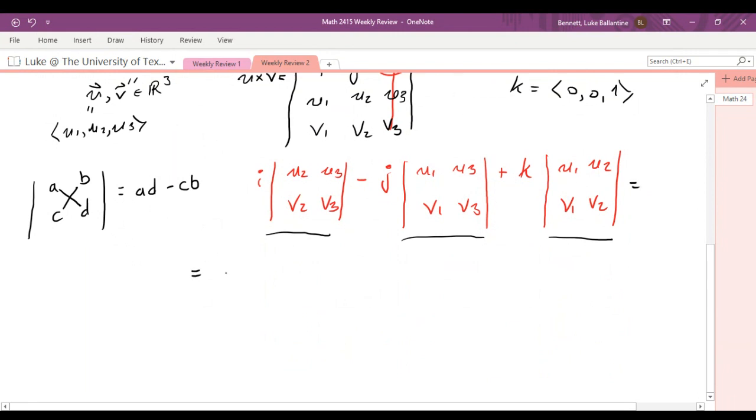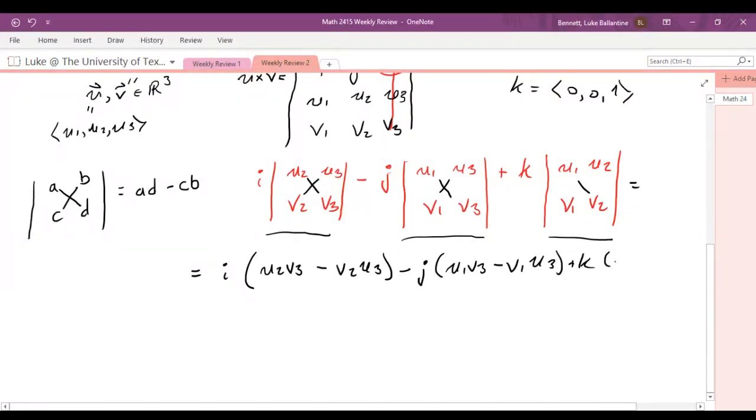So we have i times (u2 v3 minus v2 u3), minus j times (u1 v3 minus v1 u3), plus k times (u1 v2 minus v1 u2).